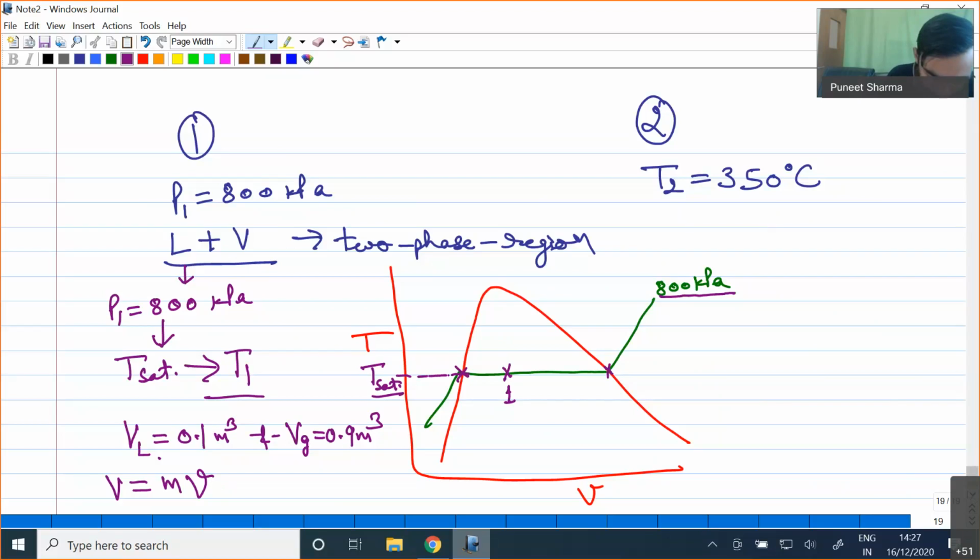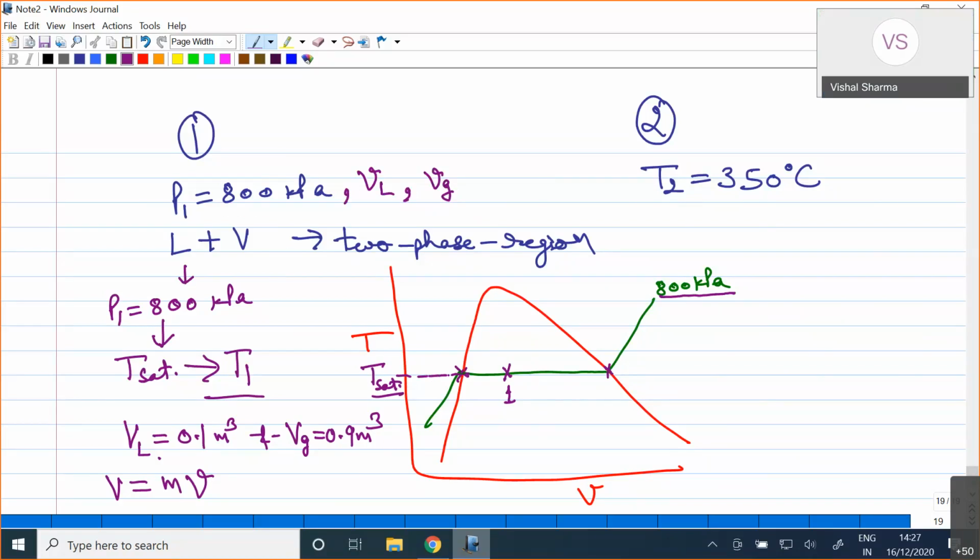If we know that our state is saturated corresponding to 800 kilopascals, I can find out the specific volume of saturated liquid and the specific volume of saturated vapor. Is this point correct? Yes, sir.